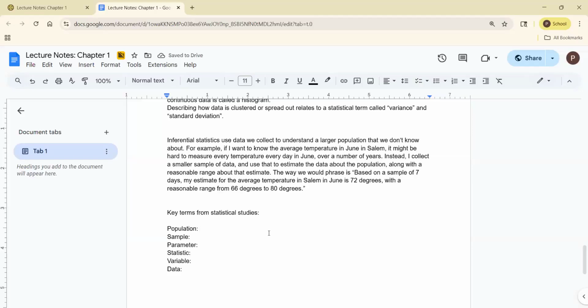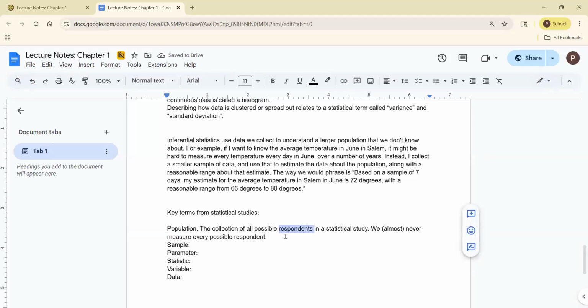So the population is the collection of all possible respondents in a statistical study. We almost never ask every possible respondent. I should say, instead of ask, I should say measure. Sometimes we're asking people, but sometimes we're measuring things.